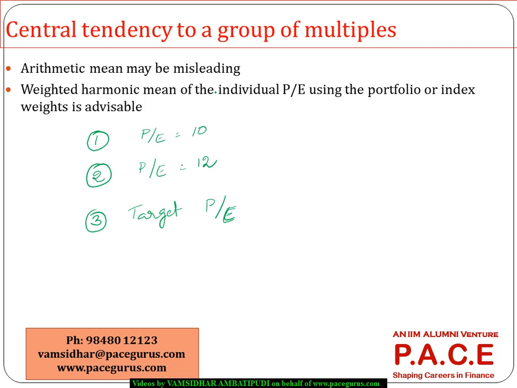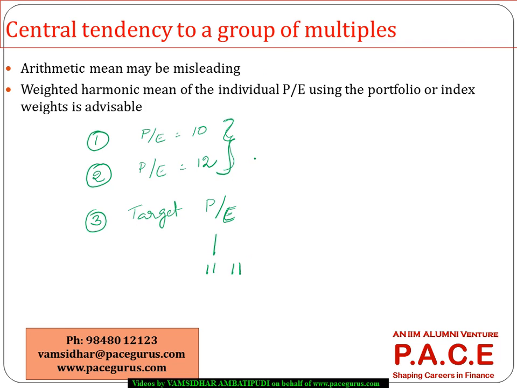We said earlier that it's better to take the comparables and take the mean or median or some such calculation on these and link it with the target P/E. So if I am taking the arithmetic mean, let's say it becomes 11. When I am taking the median, it may also be 11.